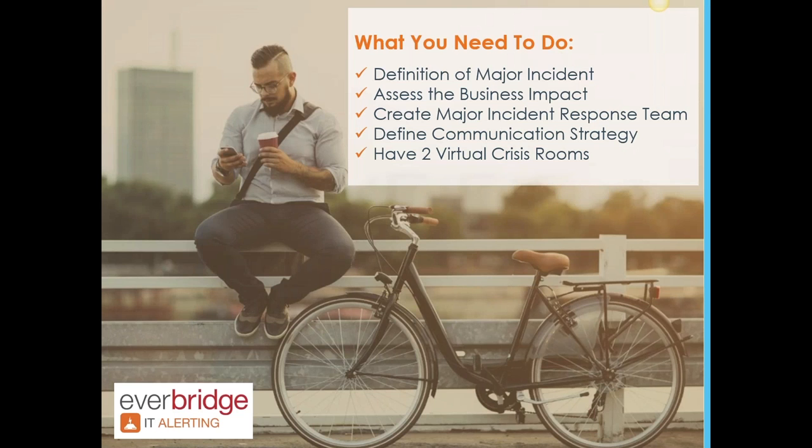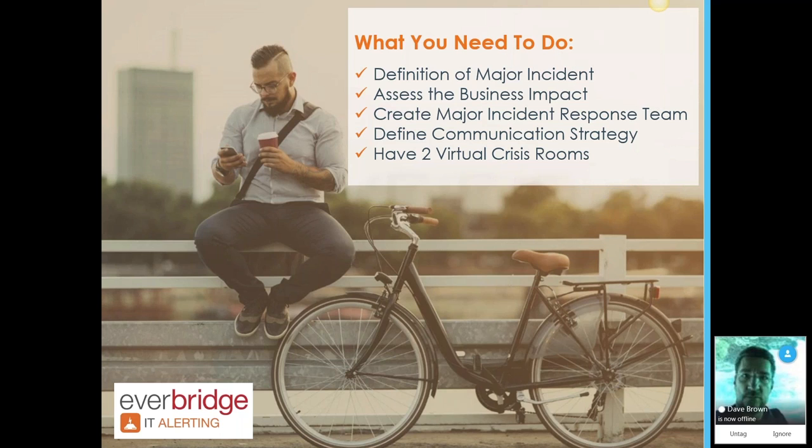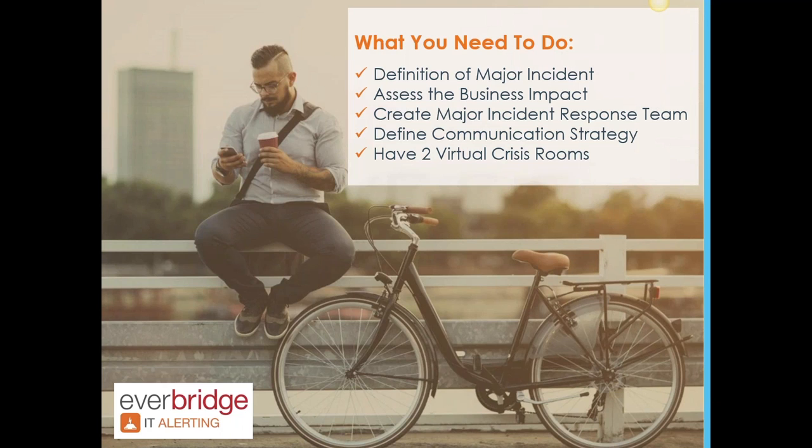So as a quick recap, the things you need to do when something goes wrong in the data center and is impacting your business: get a definition of what a major incident is within your organization and agree on this definition with the business. Assess the business impact for each service so you know how much time you have before it becomes a business crisis.